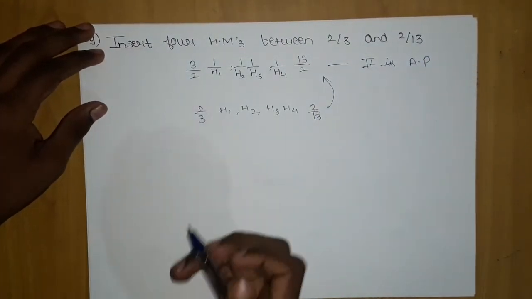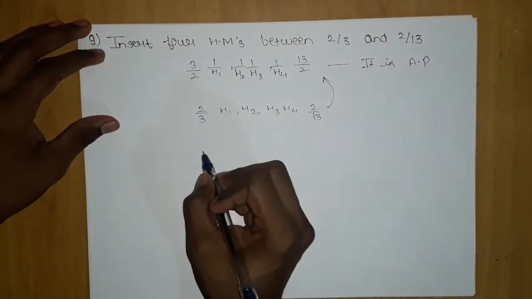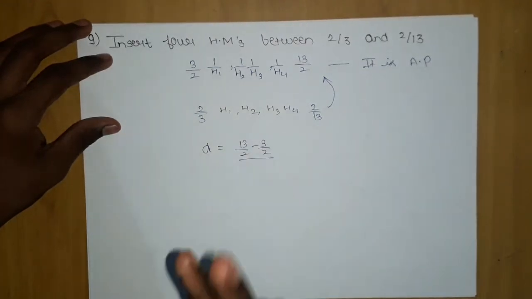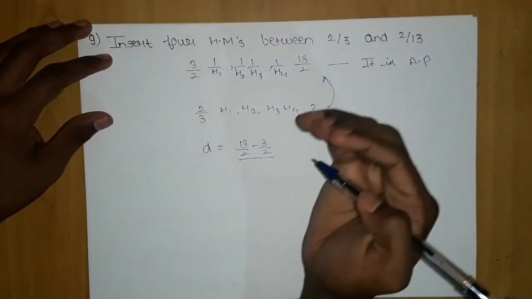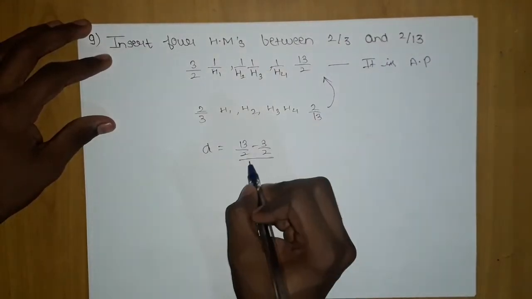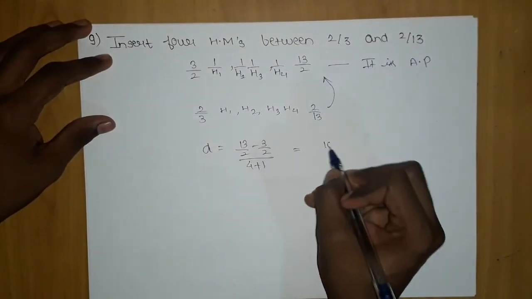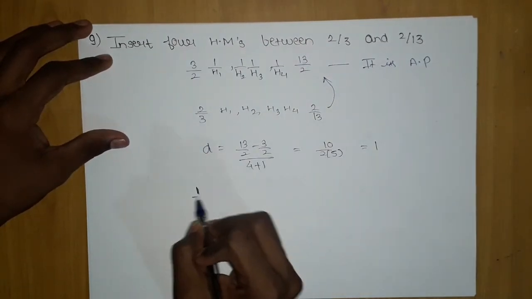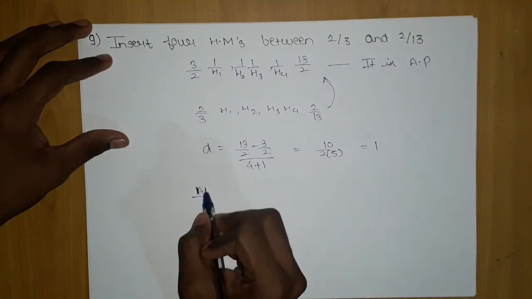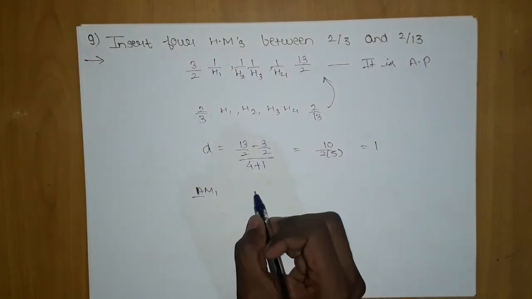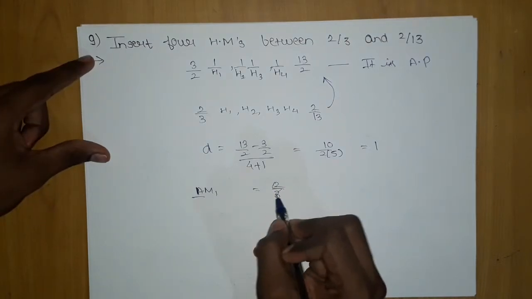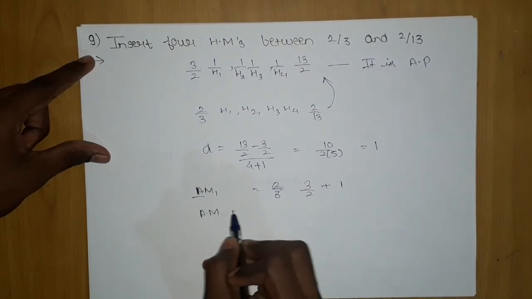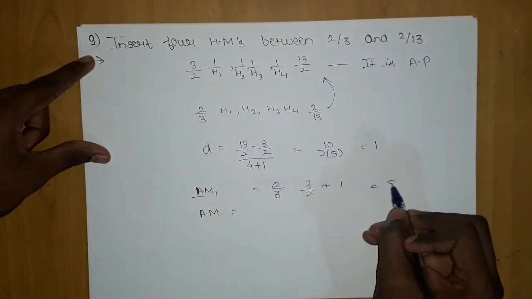Now they are telling us to find the 4 HMs. It is nothing but just getting the d from here: (13 by 2 − 3 by 2) upon n. N is the number of inserted HMs or AMs between the two terms. It is nothing but 4, so 4 plus 1, which is 5. That is 10 by 2 into 5, which gives us 1. So we get the first AM: 3 by 2 plus 1, which is 5 by 2.